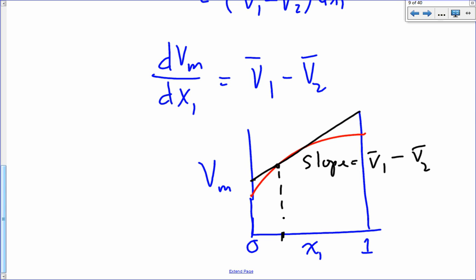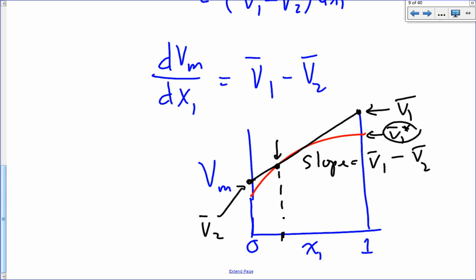And we can actually show that this thing right here is in fact equal to V1 bar. Now this one right here is V1 bar pure. This thing right here is V1 bar for this mixture that we have over here. And we can also show that this y-intercept is equal to V2 bar.